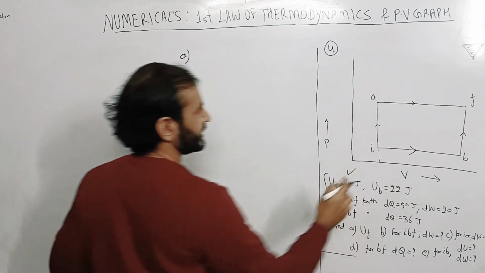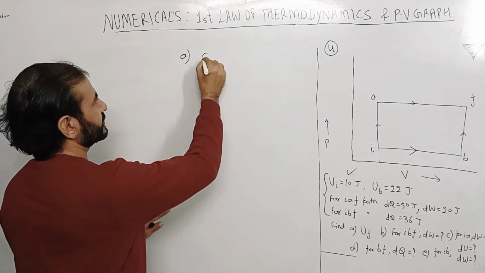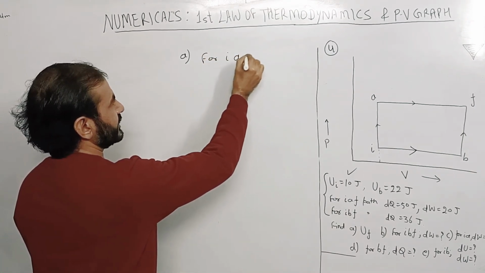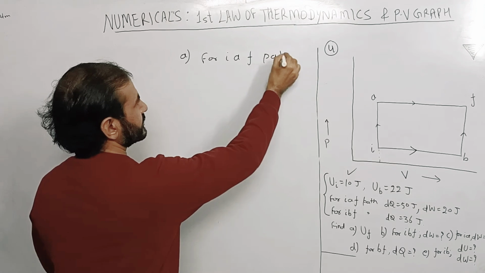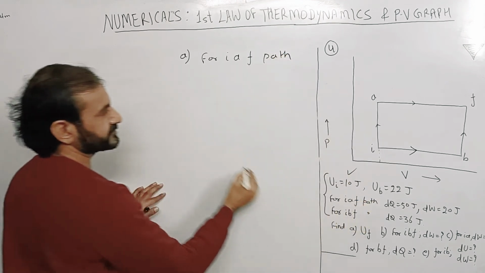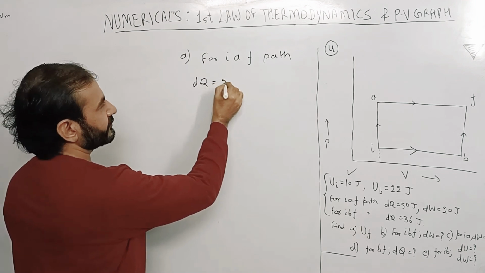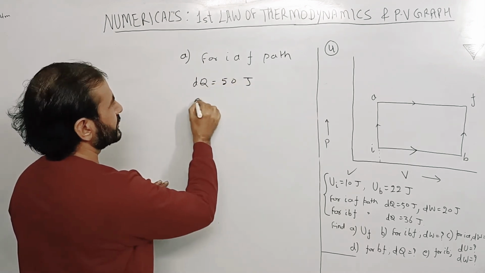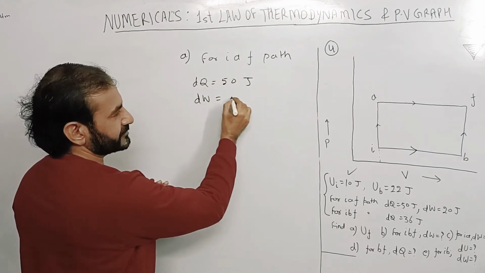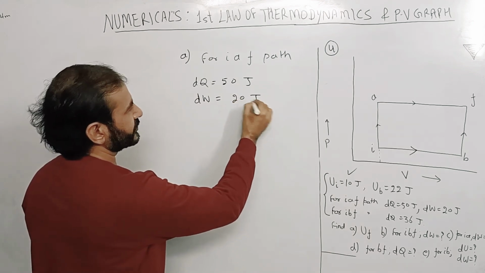So for the IAF path, we are given dQ, which is 50 joule, and dW, 20 joule.